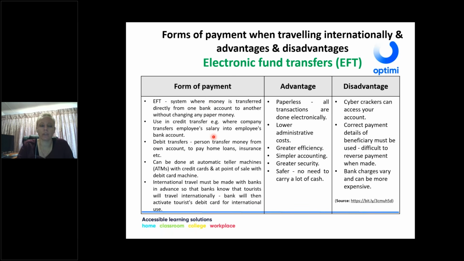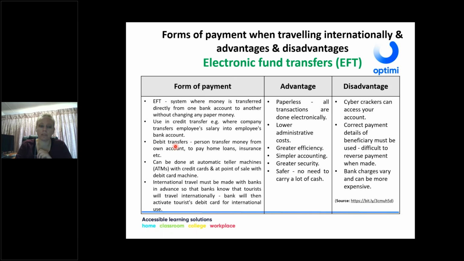Then there is a credit transfer, for example, where a company transfers employee salaries into an employee's bank account. I think most of you are also familiar with this: a company can decide to take money and transfer it electronically into the employee's bank account for the work that he or she has done for the company.